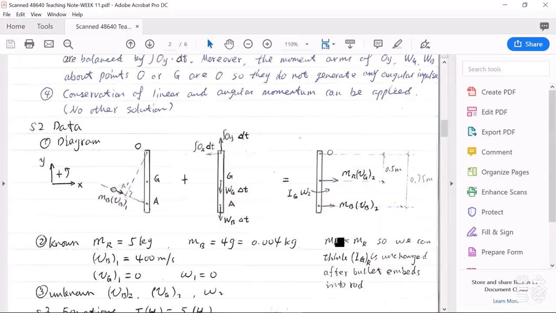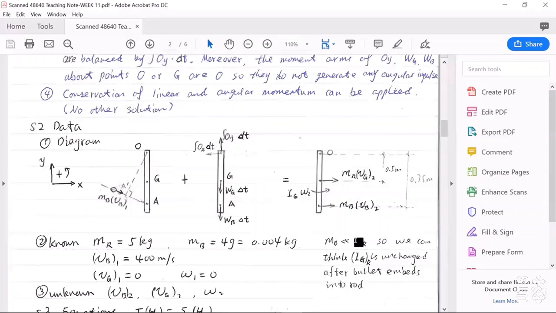The mass of this bullet is only 4 grams, and the mass of the rod is 5 kilograms. So the mass of this bullet is significantly less than the mass of the rod.